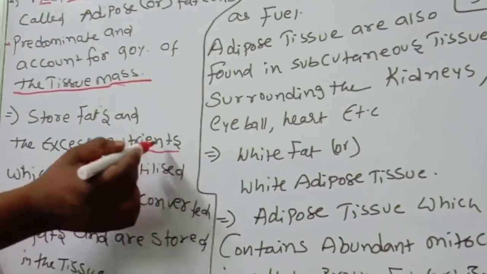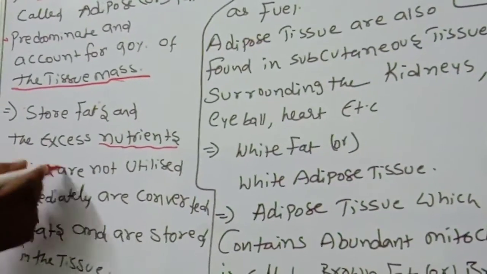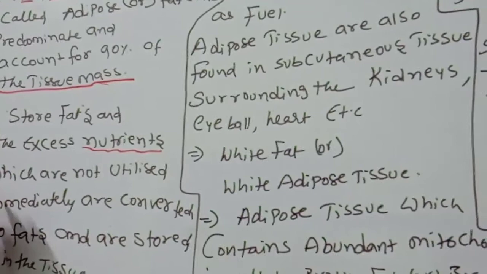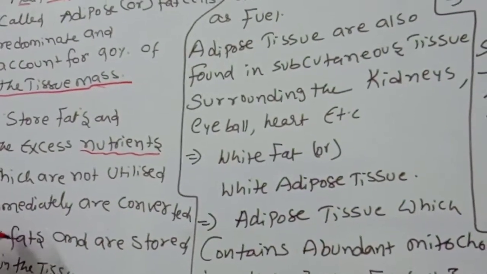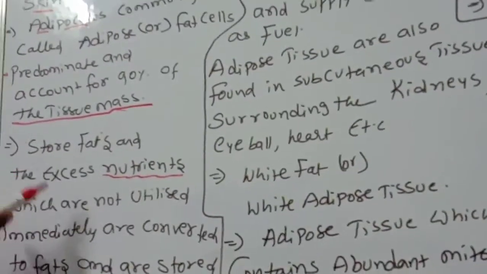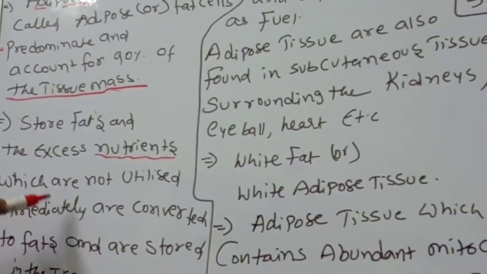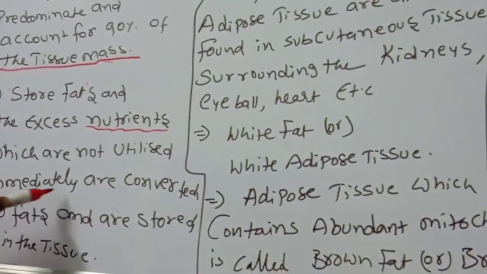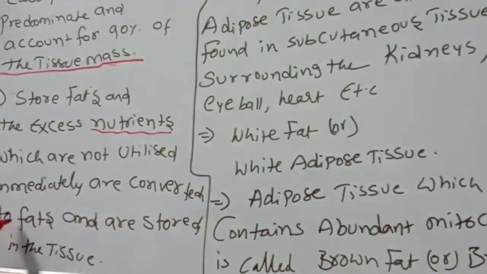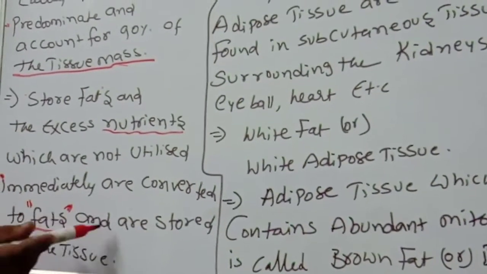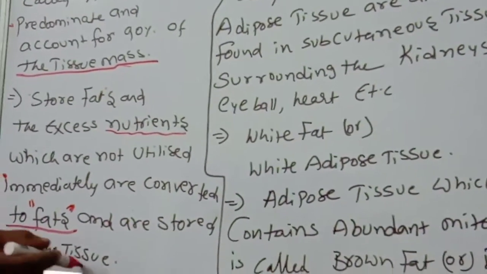Now, suppose we are eating excess nutrients which are not utilized immediately. Suppose we are eating too much food that will not be utilized immediately by our digestive system. Then where does it go in our body? All the absorbed fats which are not utilized immediately are converted into fats and are stored in the tissues.